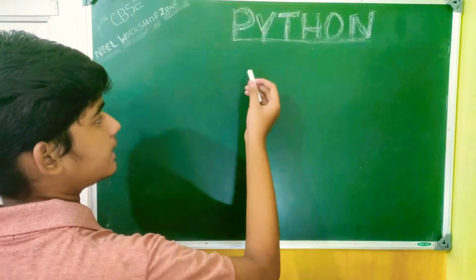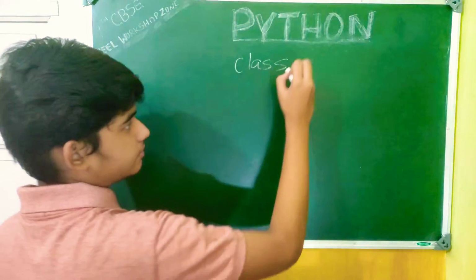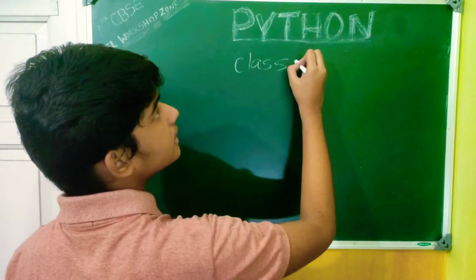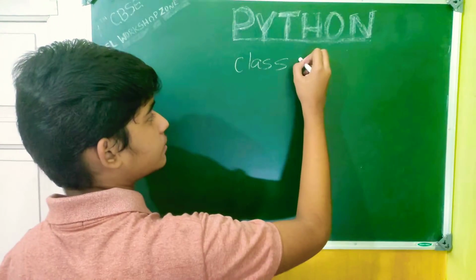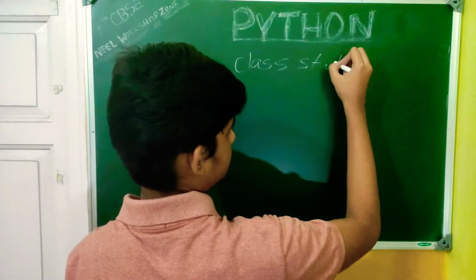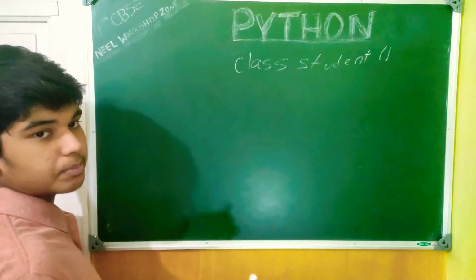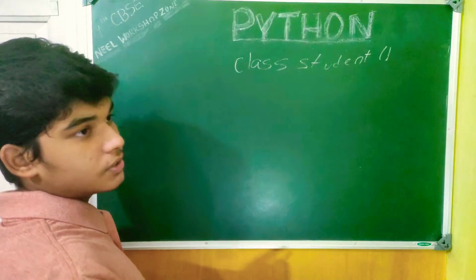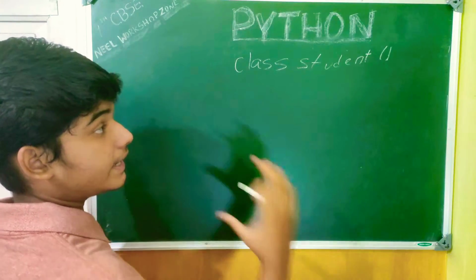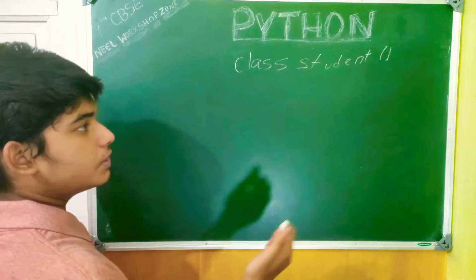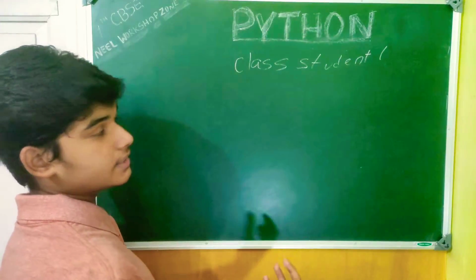So for example, let's write a simple class, let's say class student. So this is a simple class, right? Class student. To inherit another class into this class, what you can do is write the name of the parent class over here.